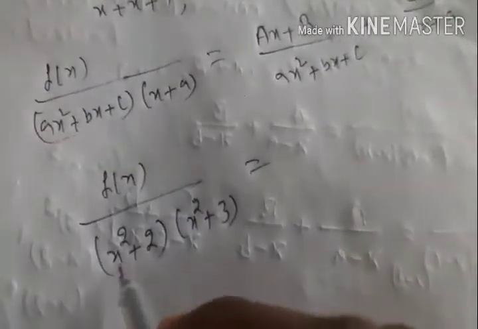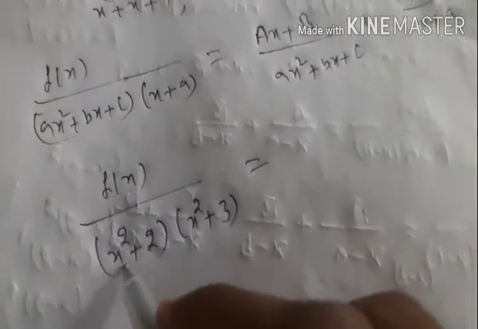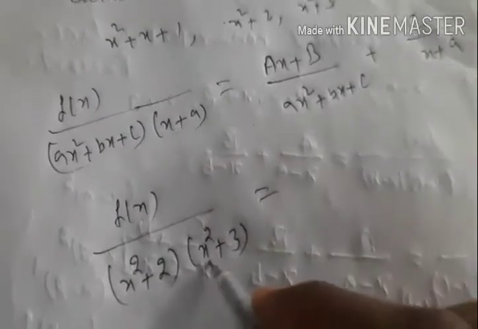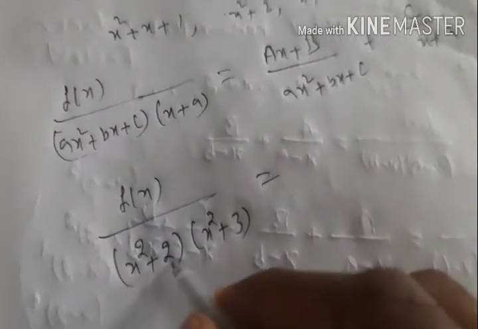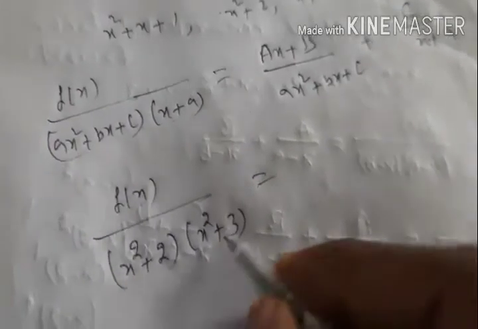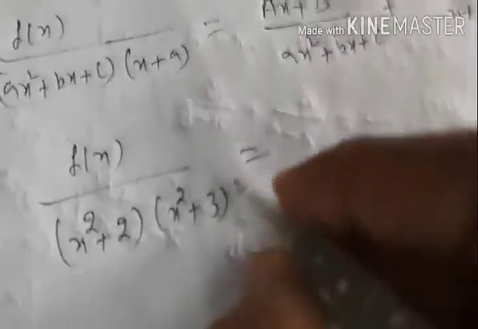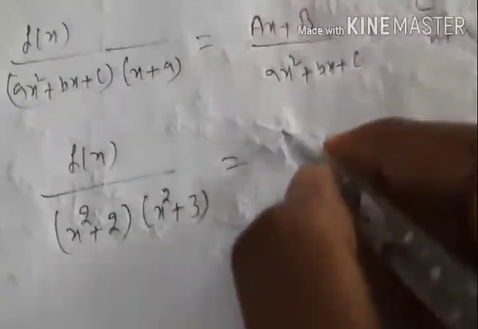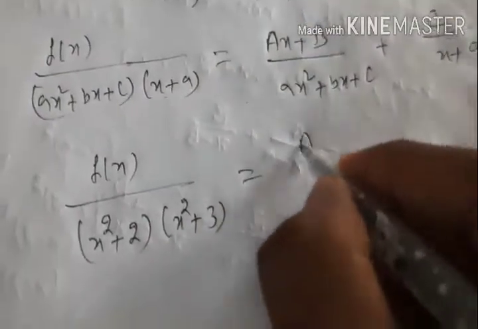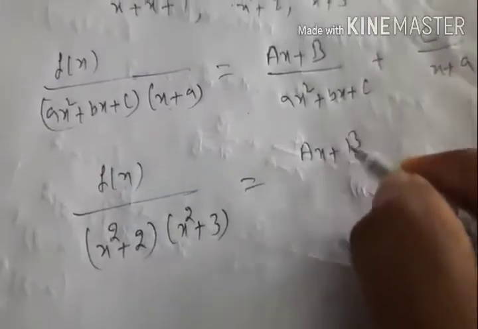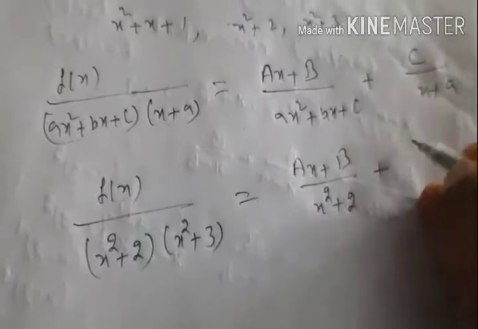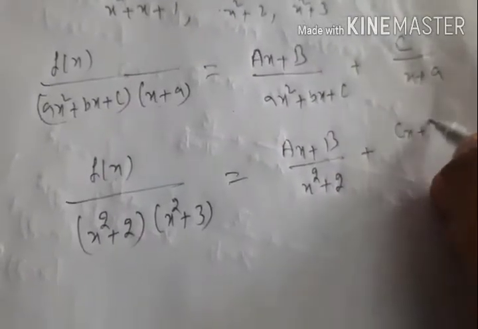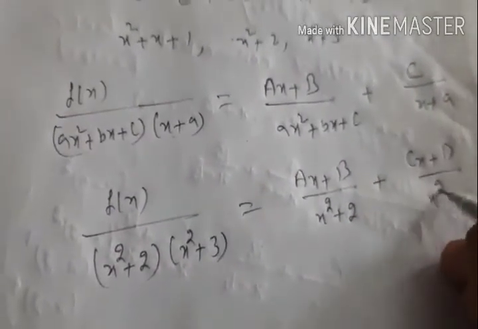Here g of x has two factors: x square plus 2 is a quadratic factor and x square plus 3 is also a quadratic factor. x square plus 2 is an irreducible polynomial and x square plus 3 is also an irreducible quadratic polynomial. We take the constants: ax plus b by x square plus 2, and the second one is cx plus d by x square plus 3.